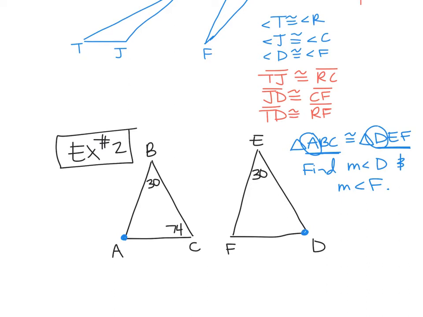That's probably the biggest thing you got to pay attention to on these is a lot of times people see a triangle and it looks like they're the same triangle if you just slide them over. Just be careful with that, okay? Because it actually did flip. You got to pay attention to those letters. So A and D are going to be the same measure, which means what about angle F? It's 74, right? These two are going to be the same also. So angle F is going to be 74.